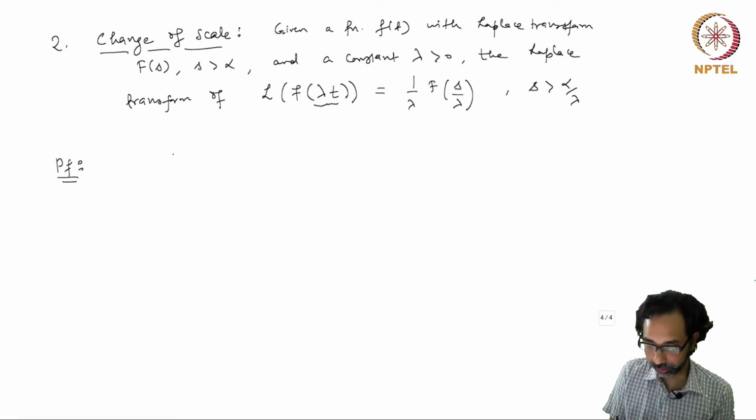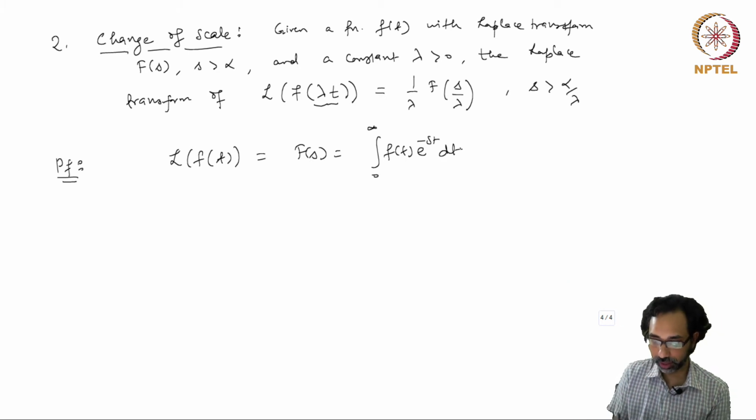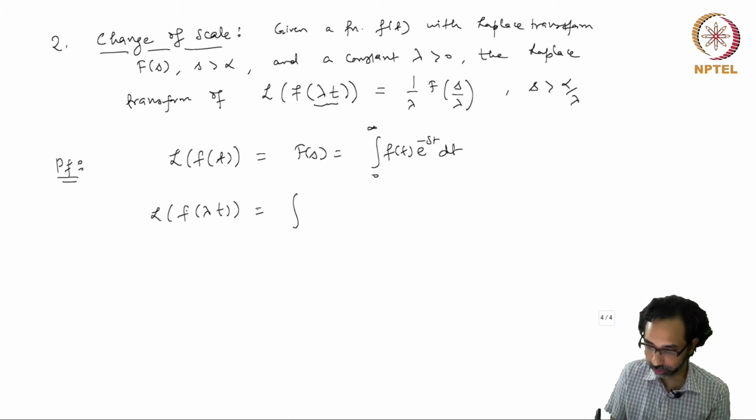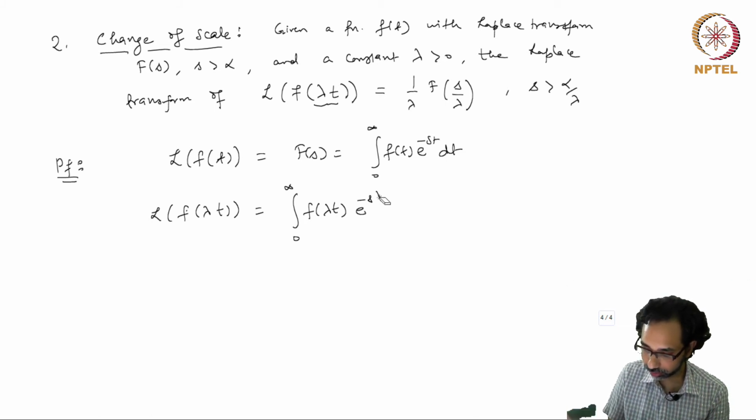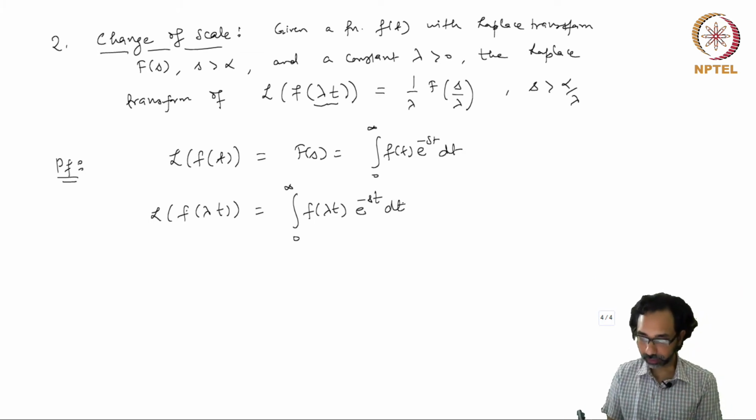So we are given that the Laplace transform of f of t is F of s. Okay, this is the integral from 0 to infinity of f of t e to the minus st dt, and now I want to compute the Laplace transform of f of lambda t, and this is by definition the integral from 0 to infinity of f of lambda t e to the minus st dt, right?